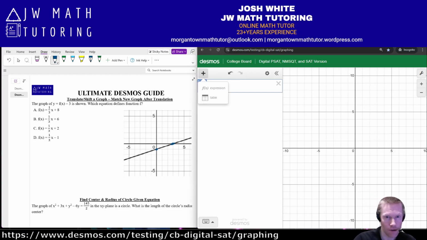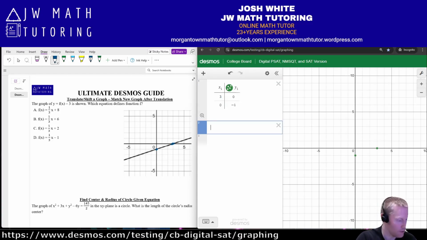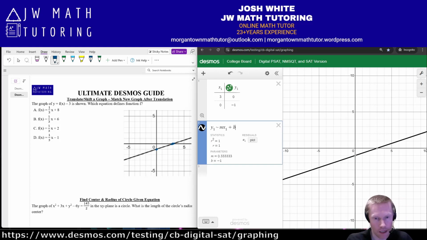So I'm just going to create a table. Then we're going to do linear regression. All right, so I've got my line, my slope, and my y-intercept. Now this is f of x - 3, basically what I have here.